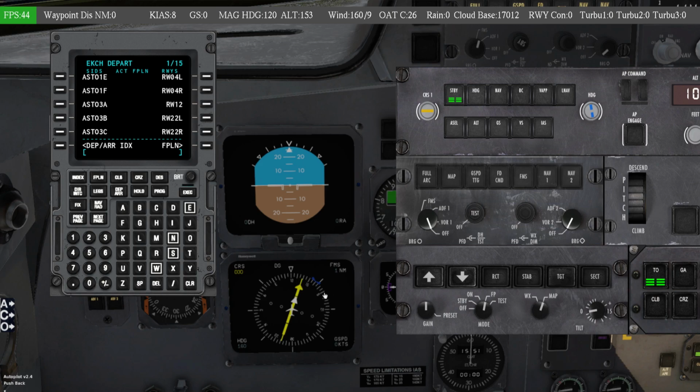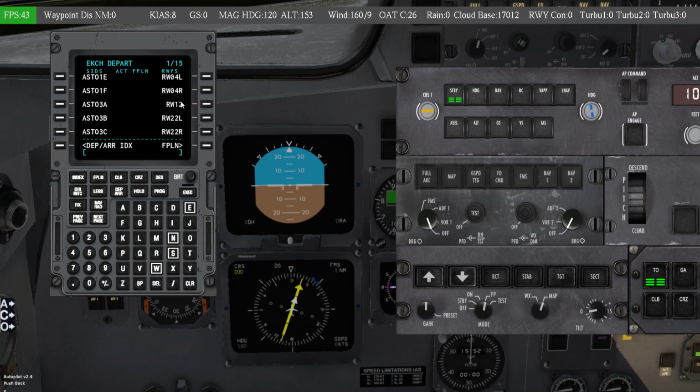So I would suppose that runway 12 would be an option. However, normally it is 22 left, 22 right, 04 left, 04 right that is in use.